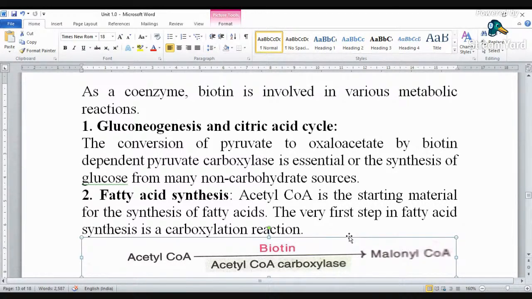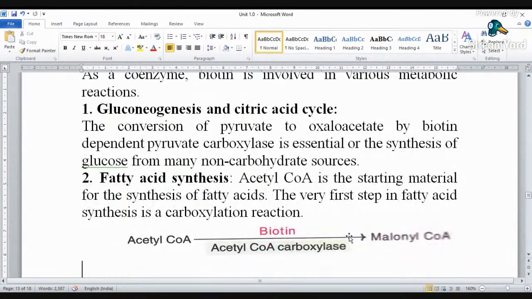We learned gluconeogenesis in the first semester. So conversion of pyruvate to oxaloacetate by pyruvate carboxylase requires biotin as the coenzyme, and this is the essential step in gluconeogenesis.